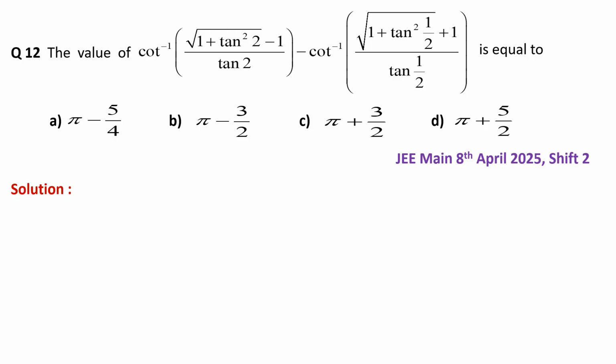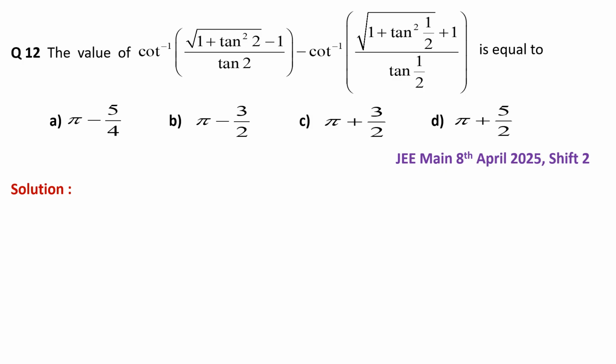Now students, first of all, in this question, we have to apply the identity 1 plus tan square theta equal to secant square theta. So when we use this identity, then 1 plus tan square 2 becomes secant square 2 and 1 plus tan square 1 upon 2 becomes secant square 1 upon 2.